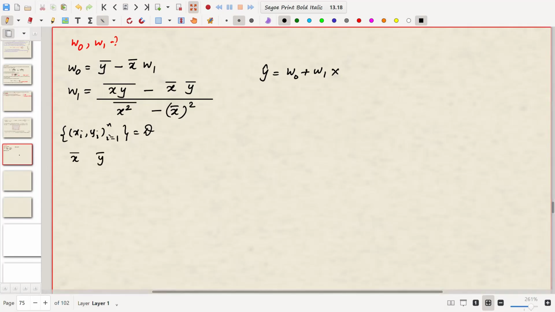Can you compute y bar? Yes. Can you compute xy bar? Yes. Can you compute x squared bar? Yes. So you can compute the numerator and denominator to get W1. After you get W1, you can substitute it into the first equation to get W0. If you get W0, you get y hat.